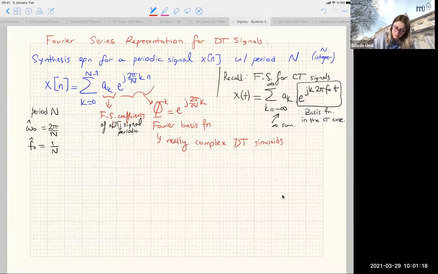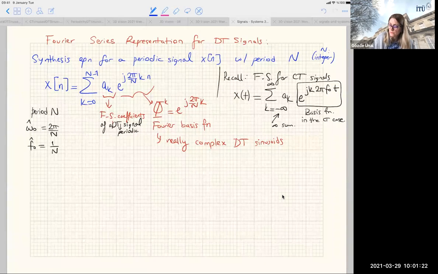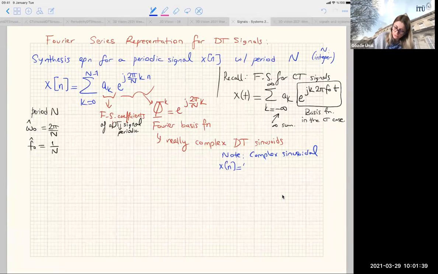Maybe let's write this here as a note for your notes. For a complex sinusoidal sequence, x of n is a e to the j omega 0 hat n. Let's just use Euler: cosine omega 0 hat n plus j sine.